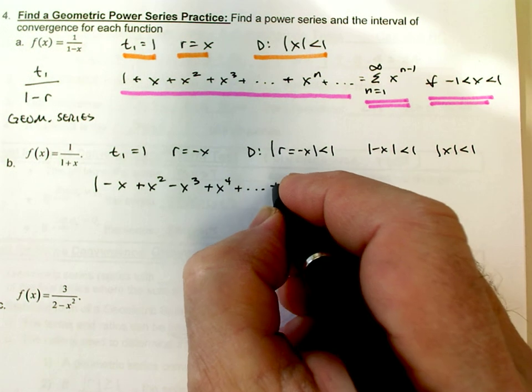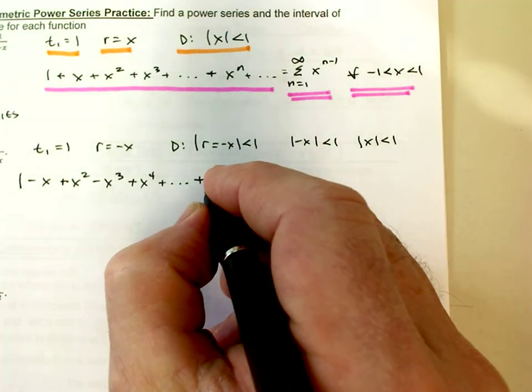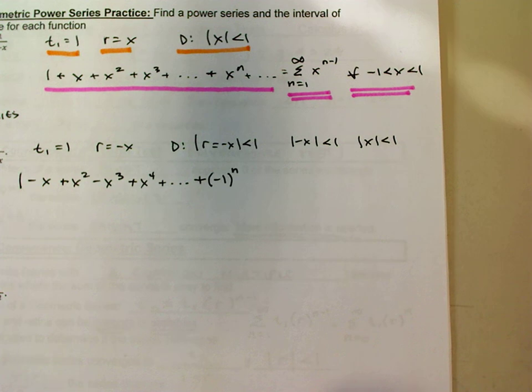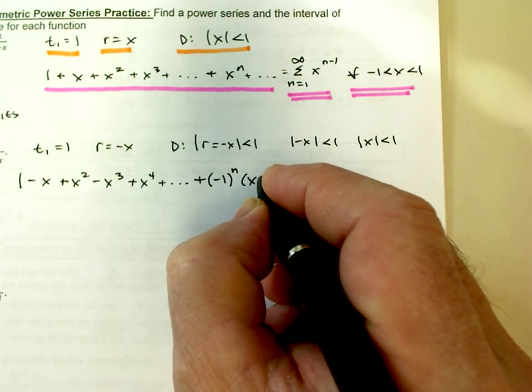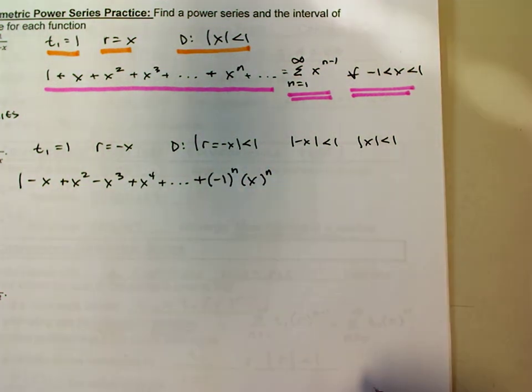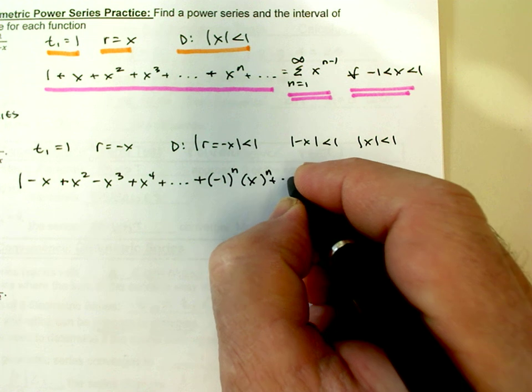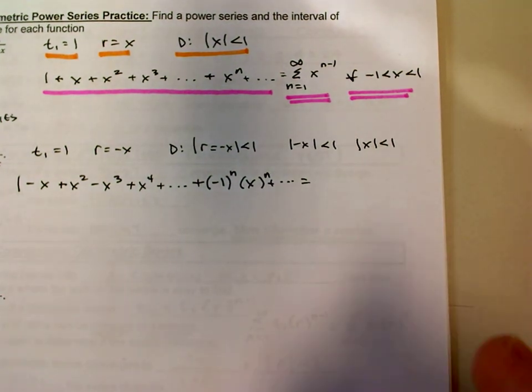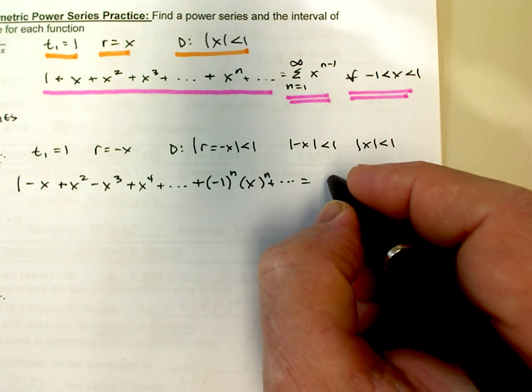Now this is our general term. Our general term will be -1 to the nth power times x to the nth power plus ... And now let's write this in summation form. In summation form, I could write it like this.